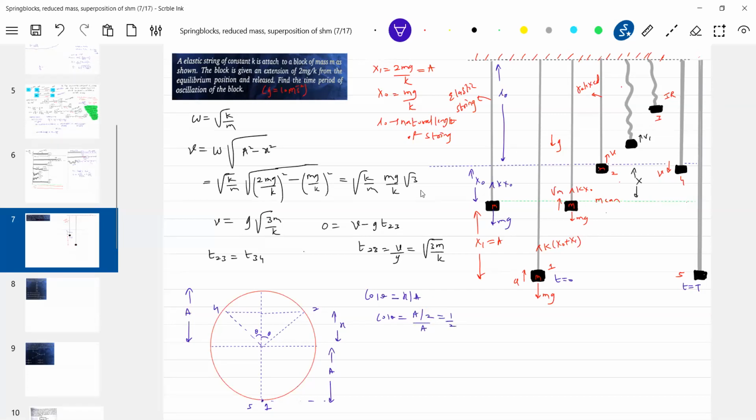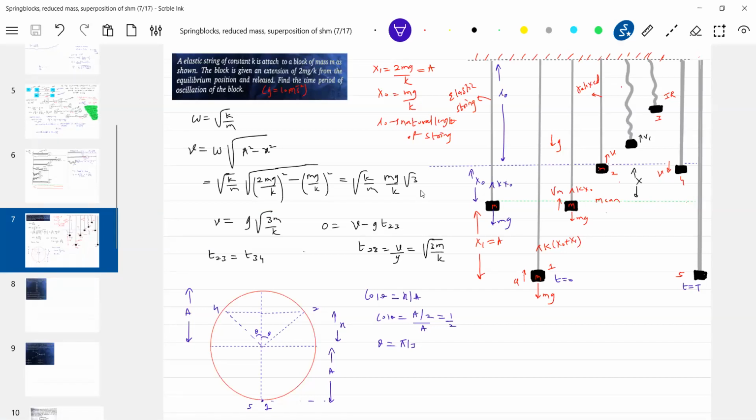Cos theta equal to 1 by 2 means what should be the value of theta? Pi by 3. Now in the total circle, 2 pi by 3 has to be subtracted in the total time interval.